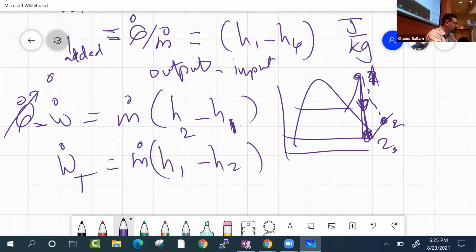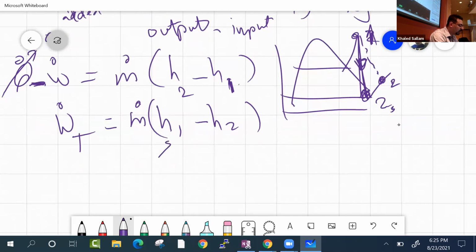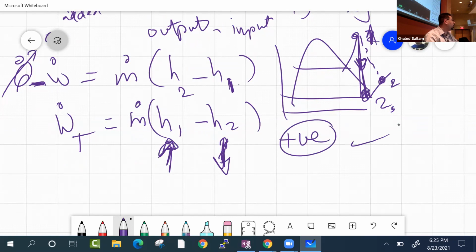Q minus W is m dot output minus input. Then that minus will flip them. And of course, H1 is bigger than H2, right? This is so big, it's all the way up, and this guy is so small. And that will make work turbine positive. That's okay for us because we know in the first law, if the work is leaving, it's plus. So we are fine with it.